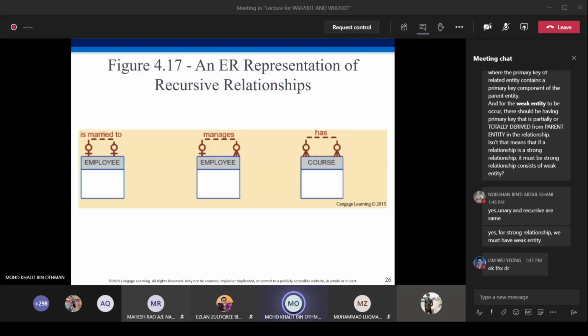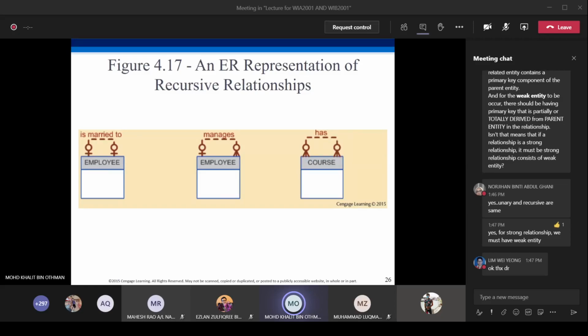Figure 4.17 is an example of the ER, entity relationship, representation of a recursive relationship. For recursive relationships, we have a one-to-one relationship within the same entity. We have a one-to-many relationship, also within one entity, and we have a many-to-many relationship also in one entity.